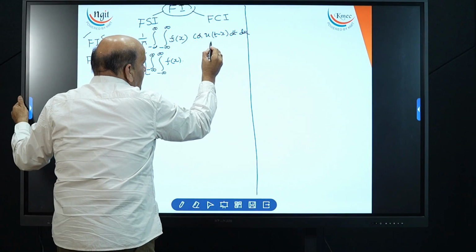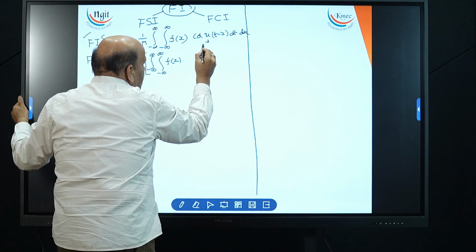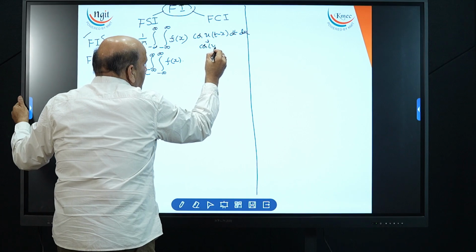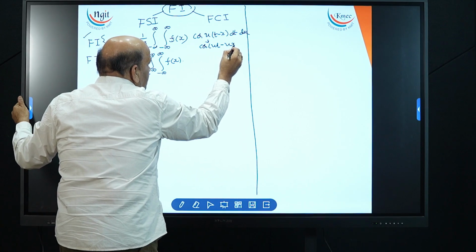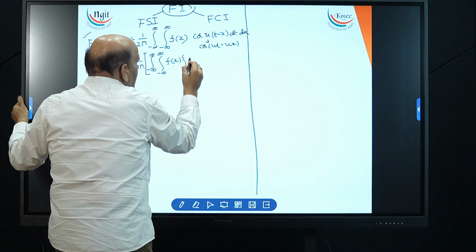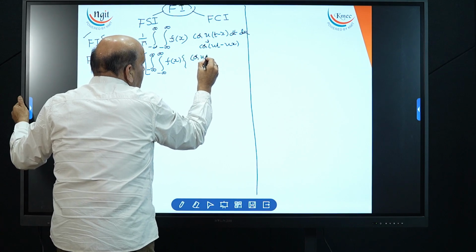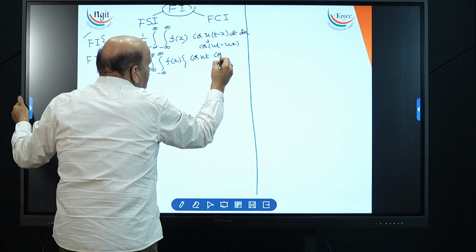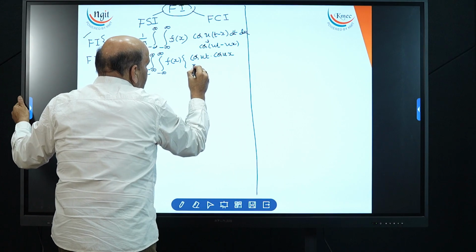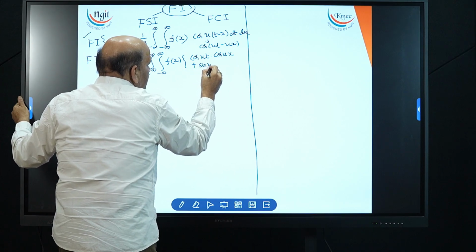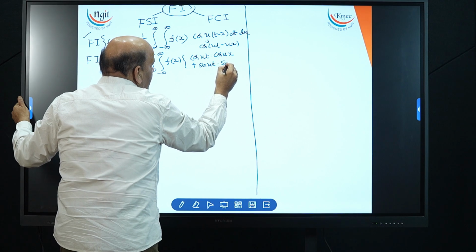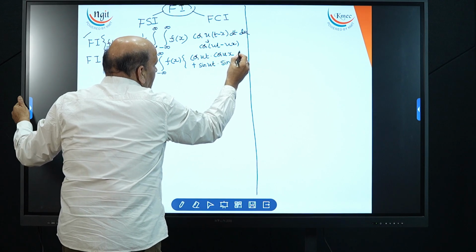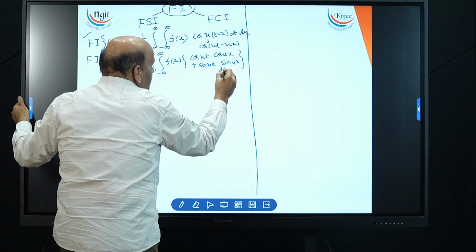This is of the form cos a minus b, so it can be written as cos ut minus ux. That means cos a cos b plus sin a sin b, that is cos ut cos ux plus sin ut into sin ux, dt du.